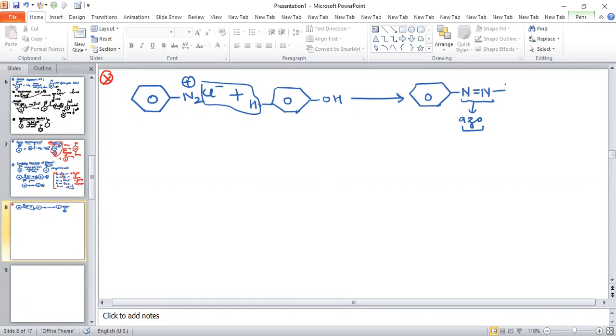Because this is the electrophile, and we know this OH has lone pairs of electrons, so this is plus M. So electron density increases at ortho and para positions. So the electrophile will attack at the para position, because the major product is obtained at the para position. Now see, the product obtained will be like this.